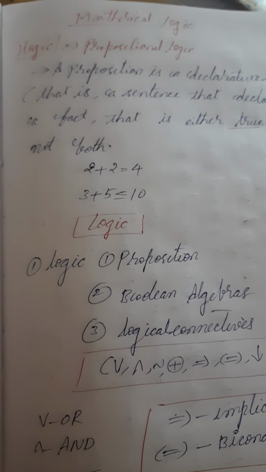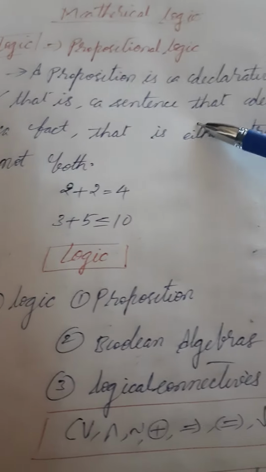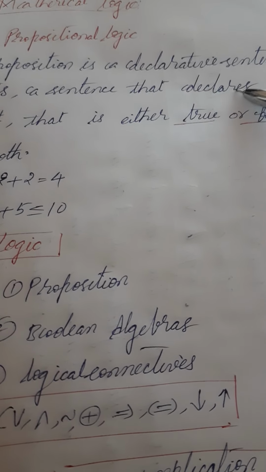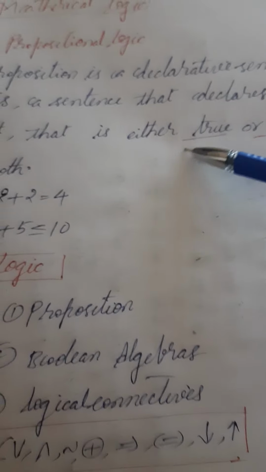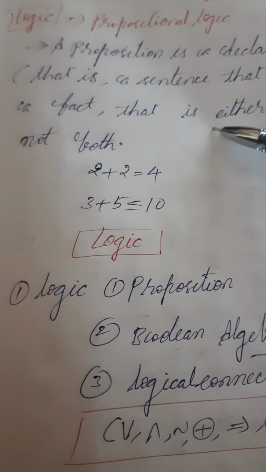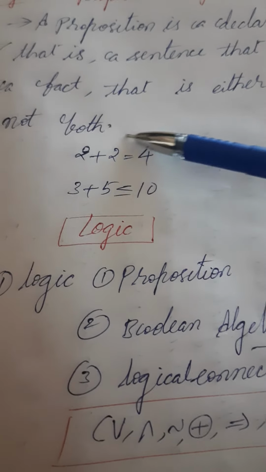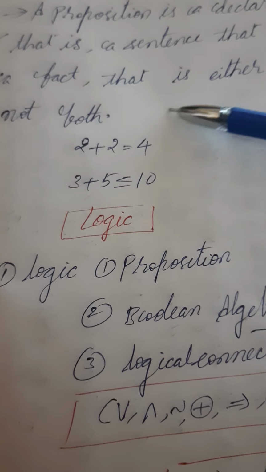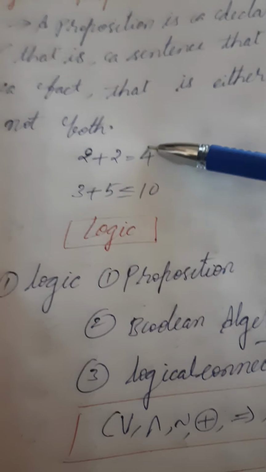What is a proposition? A proposition is a declarative sentence, that is, a sentence that declares a fact. That means it should be either true or false. It is not both. Suppose we give 2 plus 2 to anyone, they will say it is true, right?